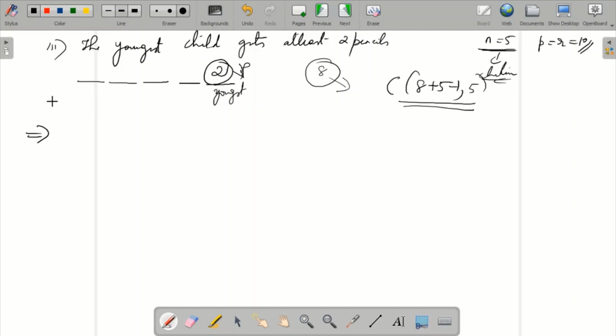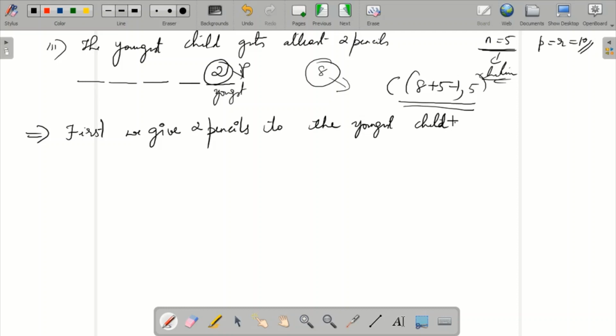Solution. First we give 2 pencils to the youngest child. Then there remain 8 pencils to be distributed.